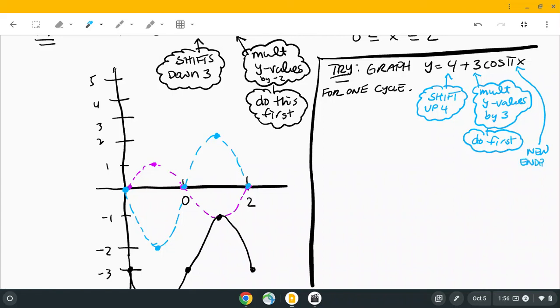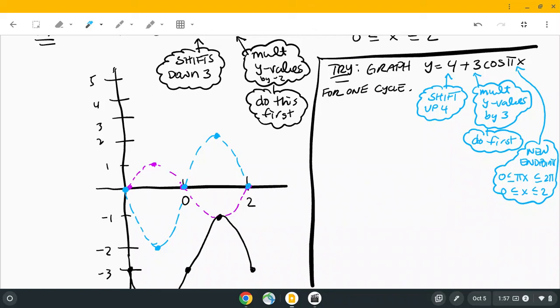Let's figure out where we're going. Instead of graphing the cosine graph from 0 to 2 pi, let's solve for x here, dividing everything by pi. This is where we get new endpoints. Instead of setting up our axes from 0 to 2 pi, we're going to set it up from 0 to 2.